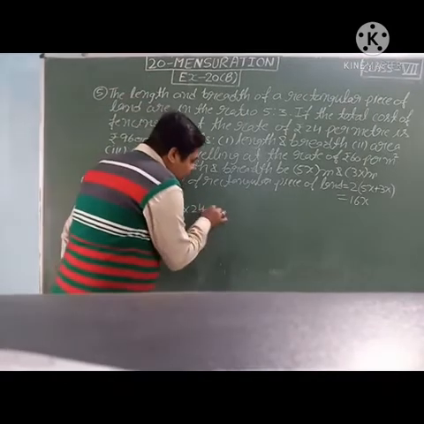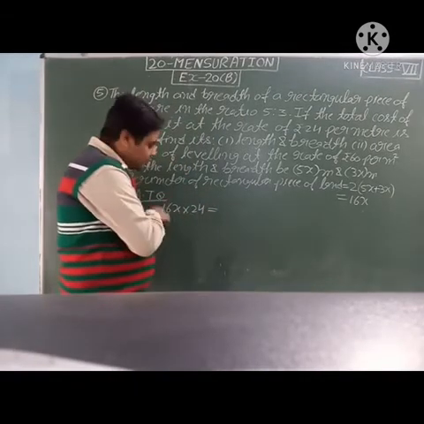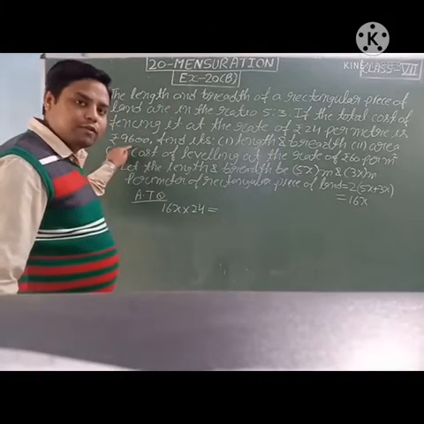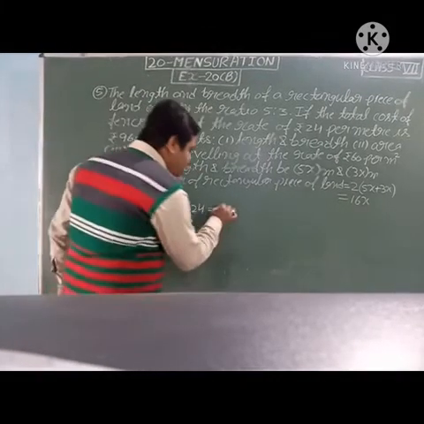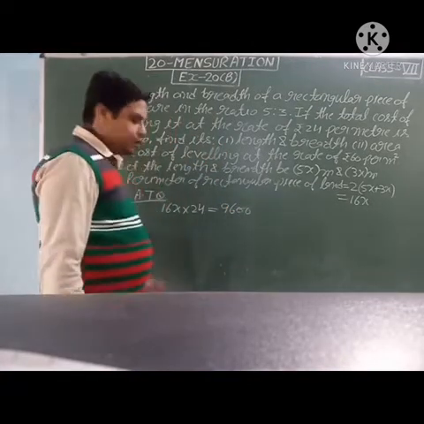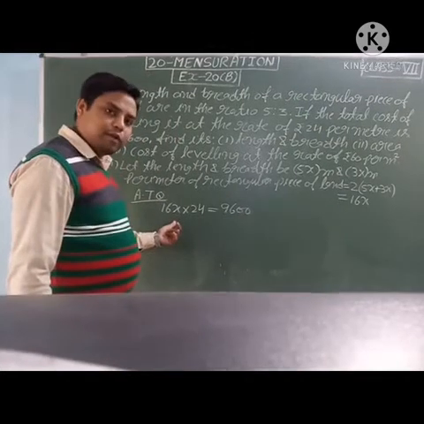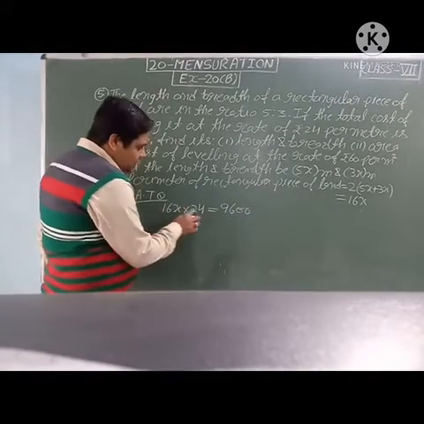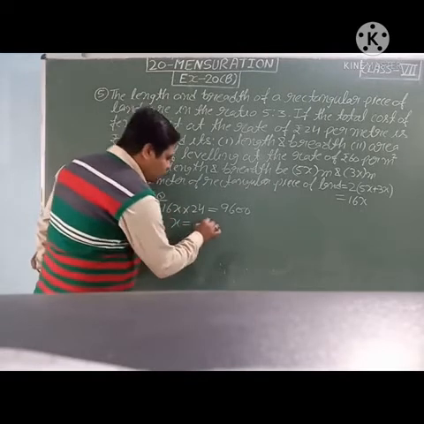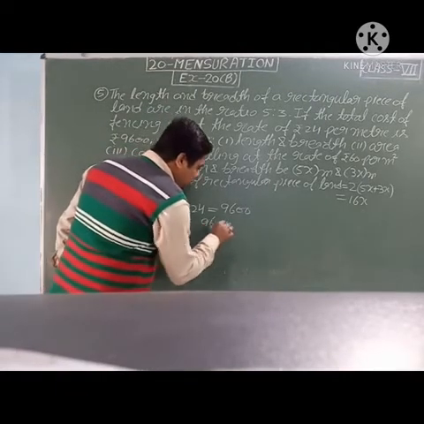It is the total cost of fencing in terms of x, and it is given in the question, that is ₹9600. Here we will write 9600. Now students, we can find the value of x. 16 and 24 are both multiplied with x; moving to the RHS, they change into divide.